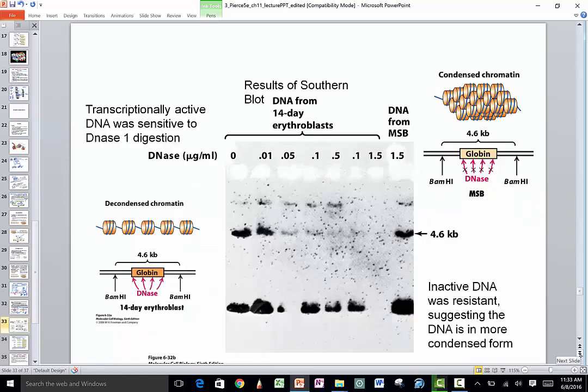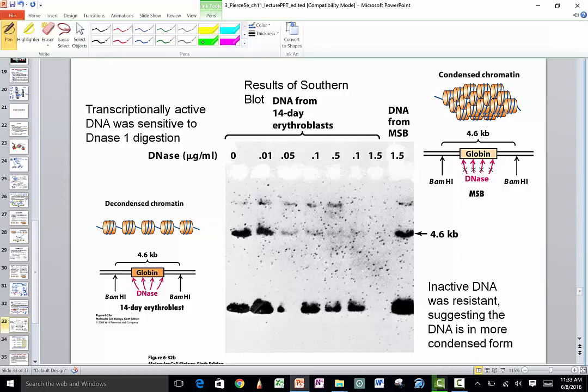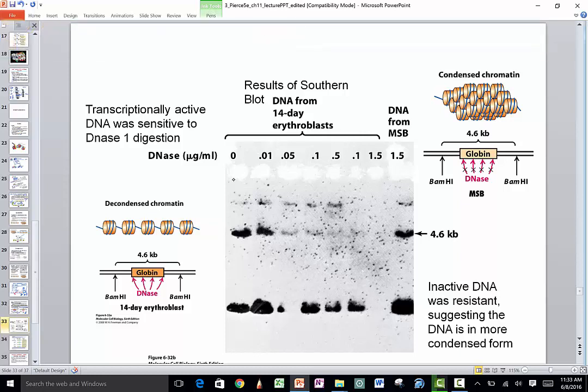And so this is what the result of this experiment looks like. Here we've got the southern blot that just allows us to detect the specific gene. This is increasing levels. Sometimes they'll show an increasing level like this, increasing level of DNase.